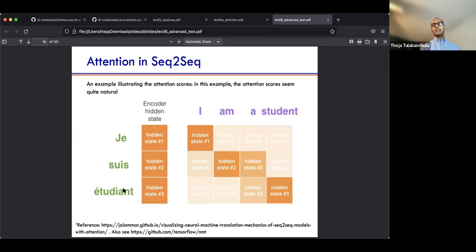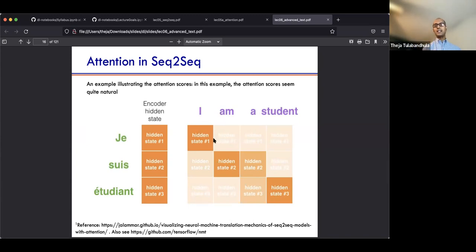Then we can see how much, while decoding, each word is important. For example, decoding the first word I, maybe the first word is important. While decoding am, maybe the second word is important. Maybe while decoding A, it seems as if the second word is important, and for decoding student, the last word is important. Those importance scores are exactly those attention weights.